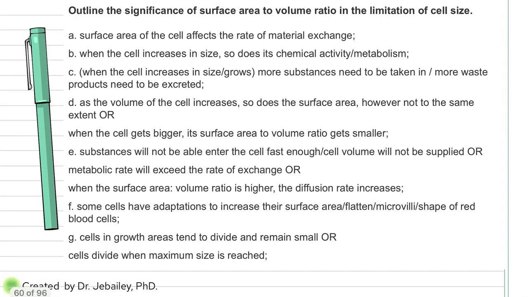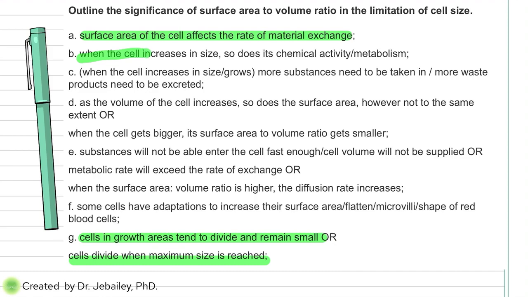There's more. You can say here, cells in growth areas tend to divide and remain small, or cells divide when maximum size is reached. So in conclusion, if the cell is getting too big, it is time to divide. Look at how it points. Now, if this was a 4-point question, I can say the surface area of cells affects the rate at which things are coming in and out.